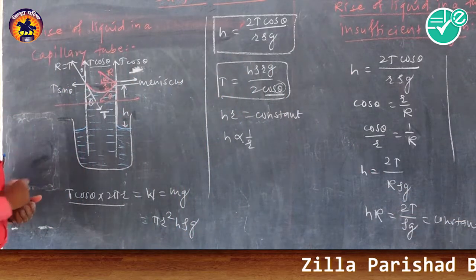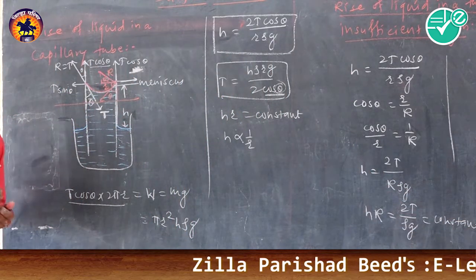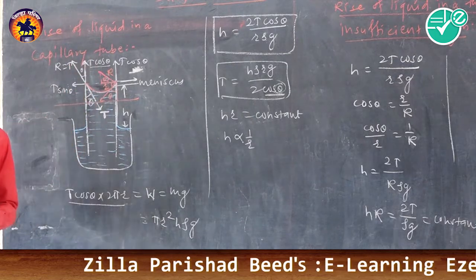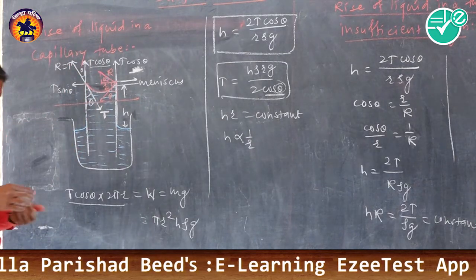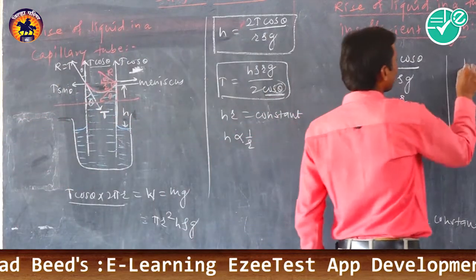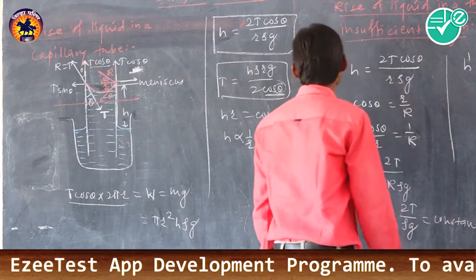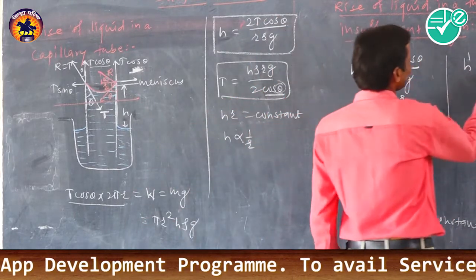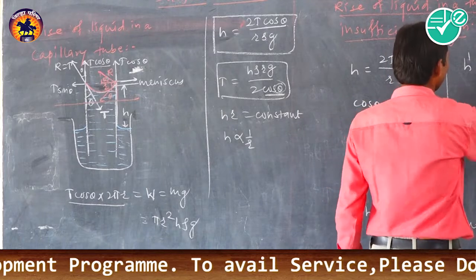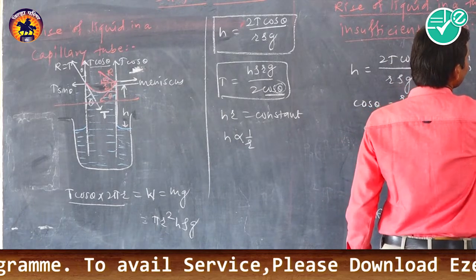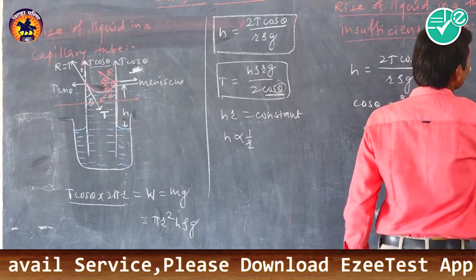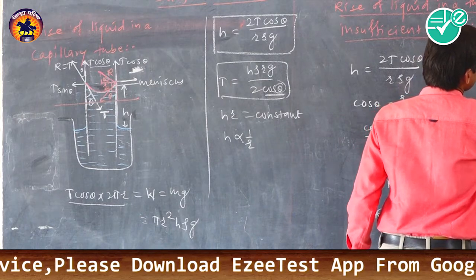It means in this condition the liquid rises up to the topmost of the glass capillary tube, and the rise of the liquid becomes H dash, and the radius of the meniscus gets adjusted. It means H dash R is equal to HR, and that is equal to twice T divided by ρ g. It means it remains constant.